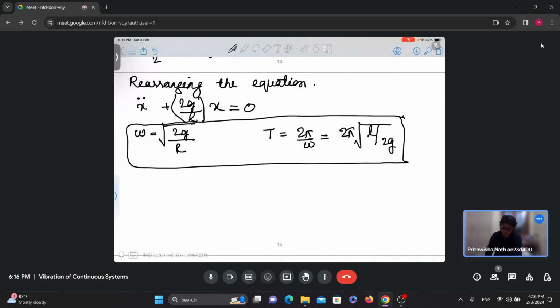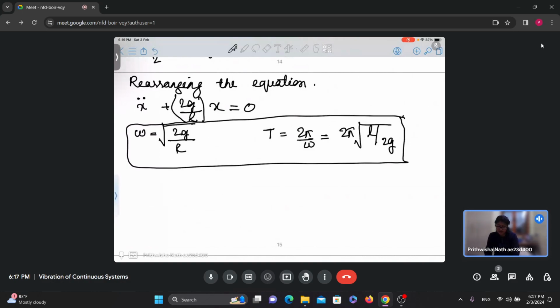Now, moving on to the next problem. Find the natural frequency of vibration of the half solid cylinder when it is slightly displaced from the equilibrium position and released.